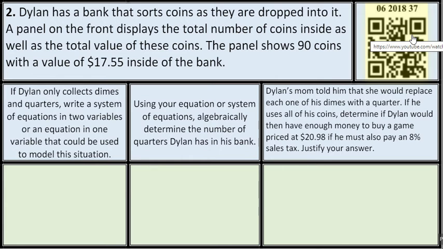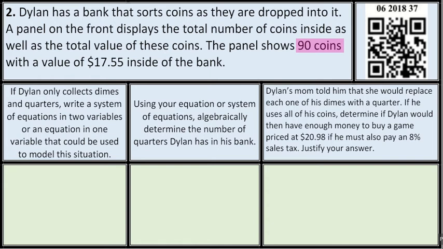I like to write systems in 2 equations. I just think it's a little more straightforward and it's easier. So the first thing I want to talk about is coins. There are 90 coins total in his bank. So let's define our variables.